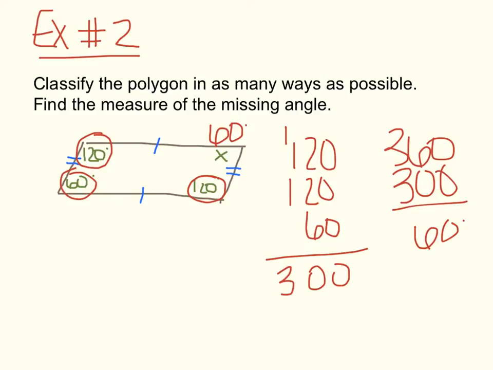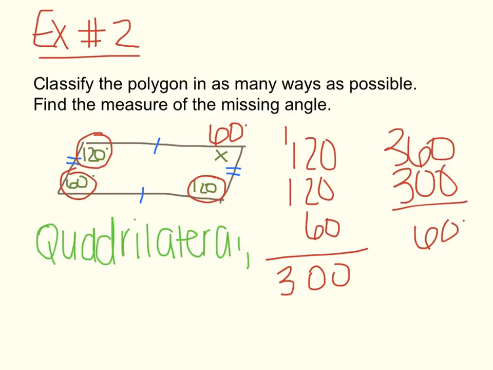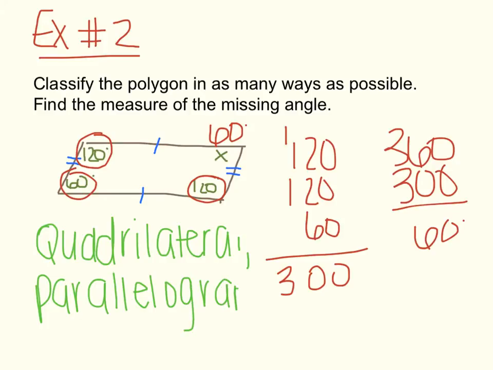Again, this is a quadrilateral because it has 4 sides. It's also a parallelogram because it has 2 pairs of parallel sides.